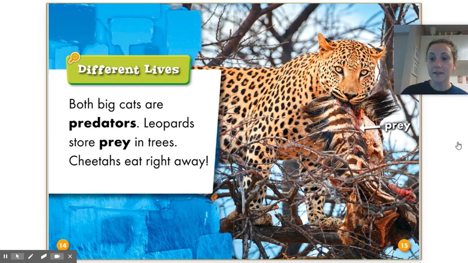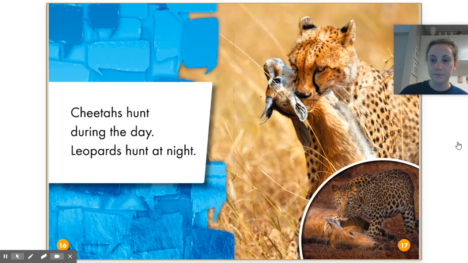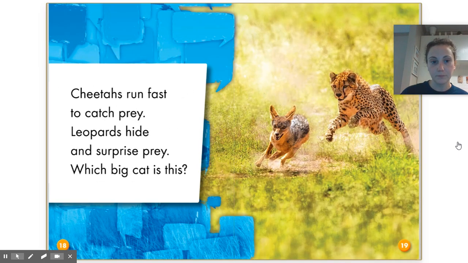You can see that this cat has stored their prey in the tree. Cheetahs hunt during the day, but leopards hunt at night. And again, the photograph really helps you with understanding the differences here because you can see that it's nighttime in the photograph in the bottom corner with the leopard, but it's daytime with the cheetah.